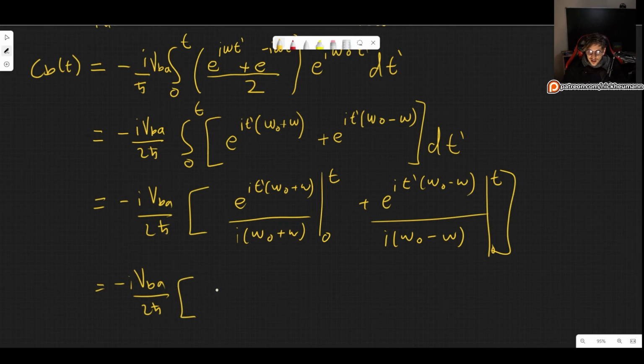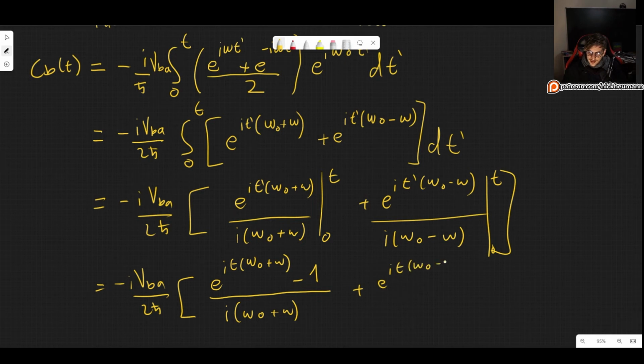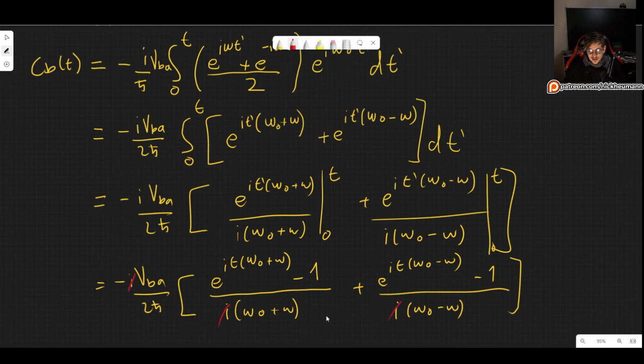And then, let's begin evaluating. First we get the same exponent, except that there is no t prime, it's simply t now. And then we have minus this thing evaluated at 0, which is e to the 0, which is 1. So we get minus 1, over i omega 0 plus omega. And then we have plus the same thing: e to the i t omega 0 minus omega, minus 1, over i omega 0 minus omega. Now notice, of course, we can simplify the i. If we multiply it through, they cancel out. Okay, that's pretty nice.